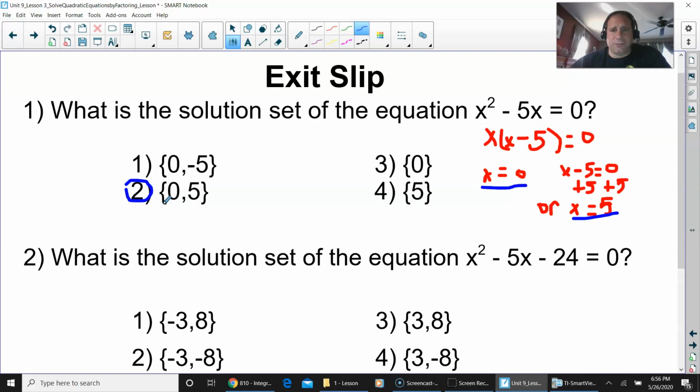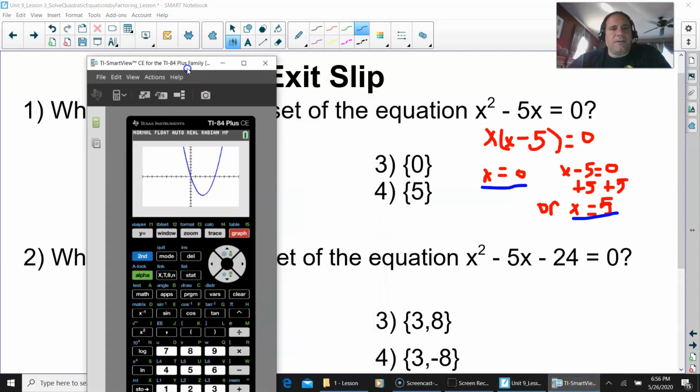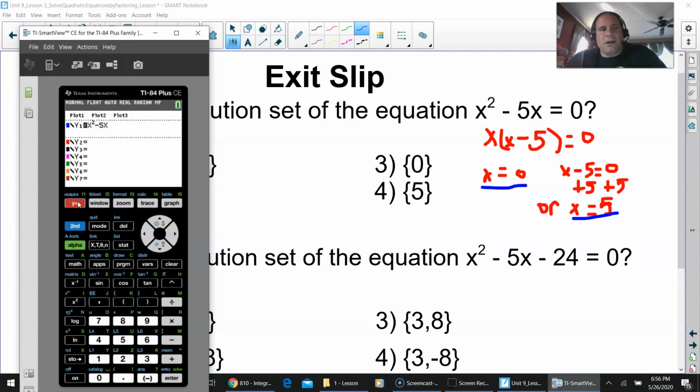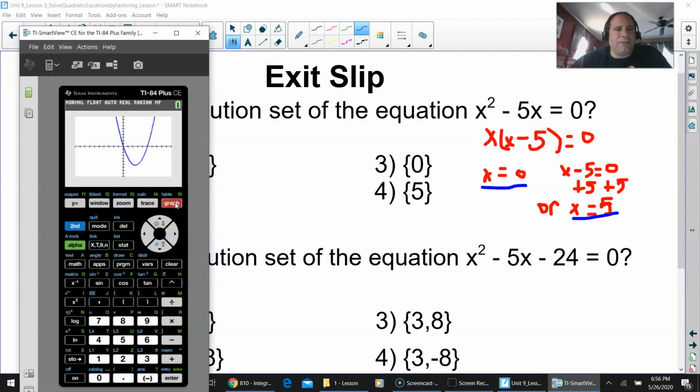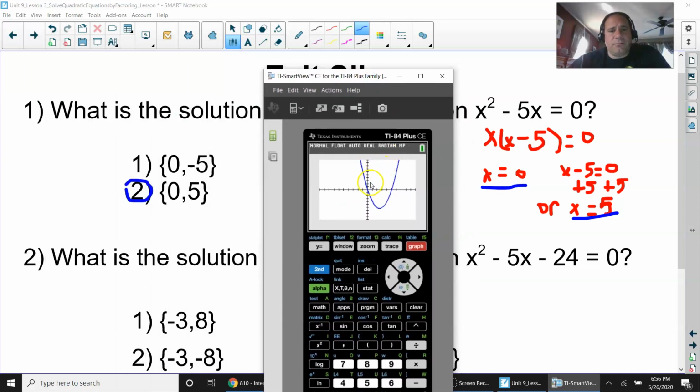You do it one of 2 ways. I see x squared minus 5x equals 0. I immediately grab my calculator. And the calculator, if you graph that x squared minus 5x into the calculator and you press graph, you could see exactly that the 2 is your answer, with 0, which is right here.